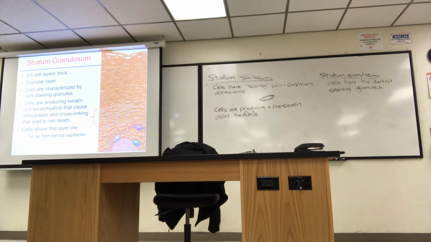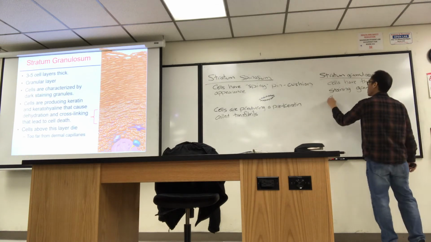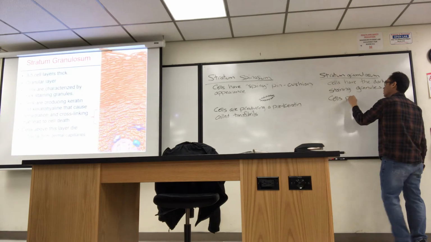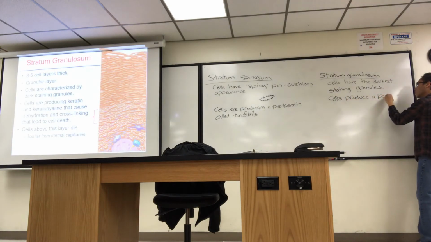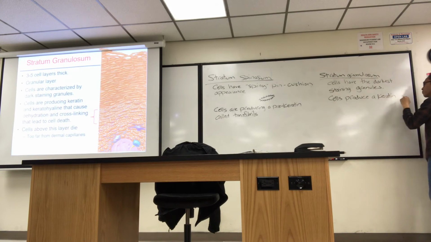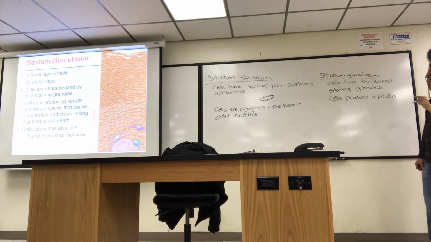Whenever cells start to cross-link their proteins, it usually leads to cell death, which is what's going to happen here. So I'm writing: cells produce a keratin that causes this protein cross-linking within the cells. It will lead to cell death.